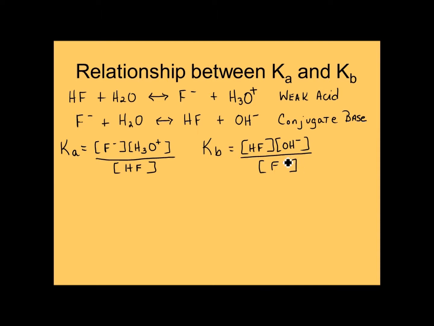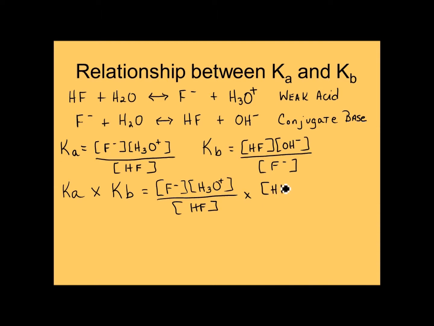Now I'm going to show you that there is a distinct relationship between Ka of an acid and its conjugate base's Kb. So I'm going to multiply the Ka times the Kb.